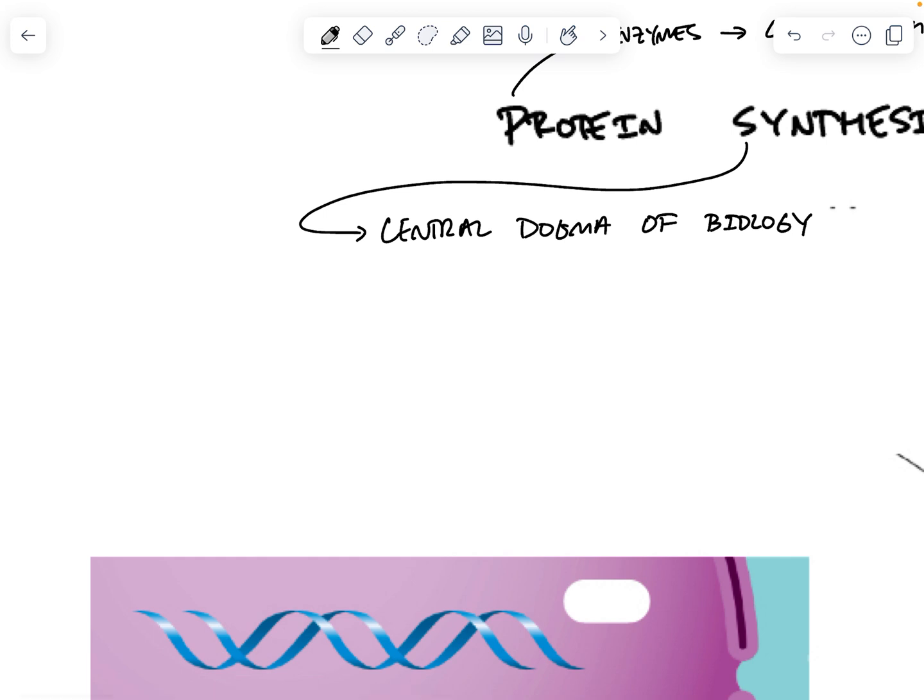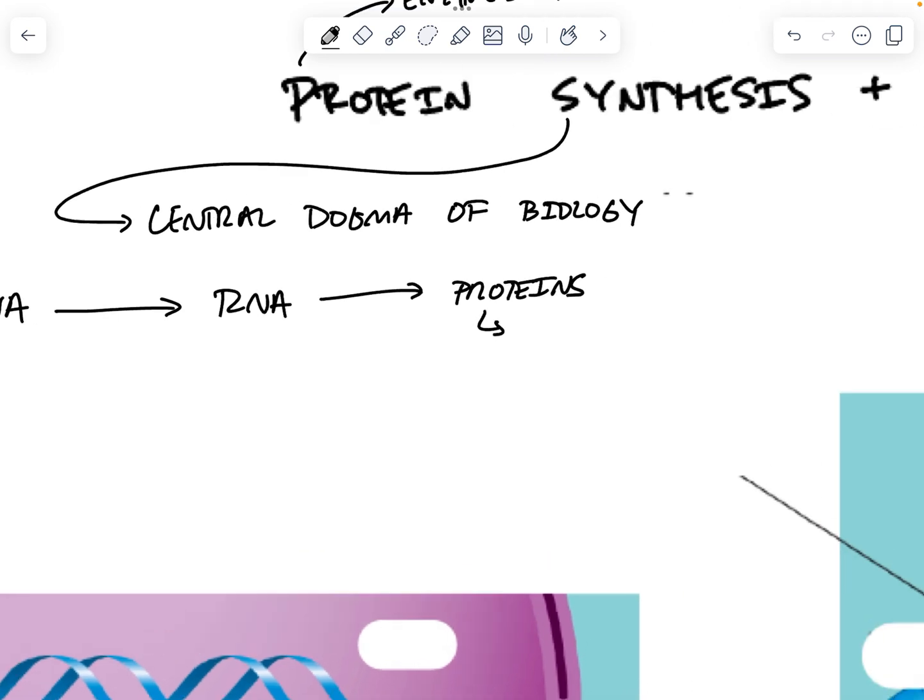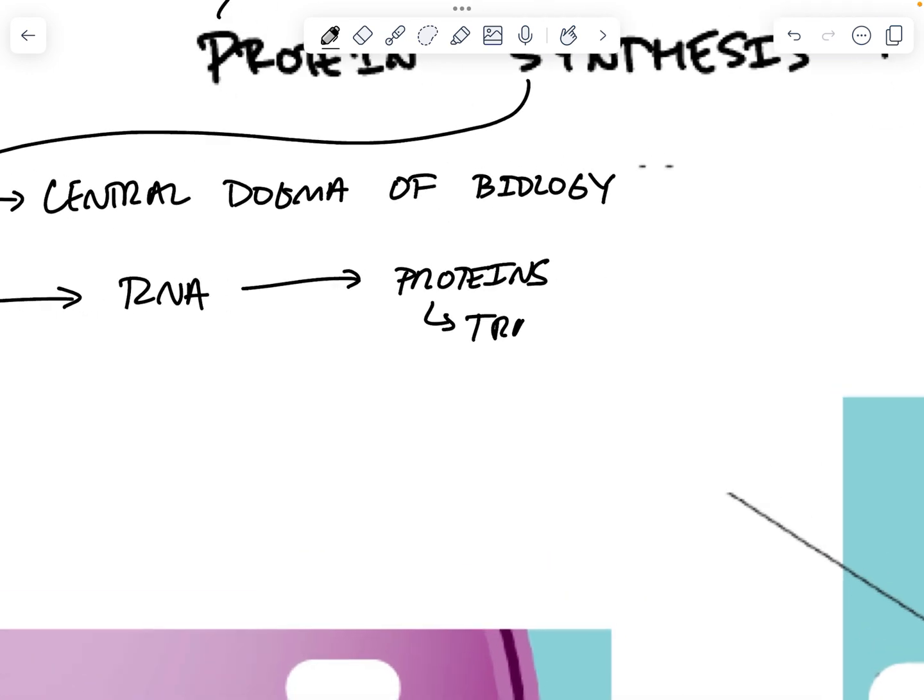It's how information flows from DNA to RNA to proteins. And proteins lead to traits and behaviors.